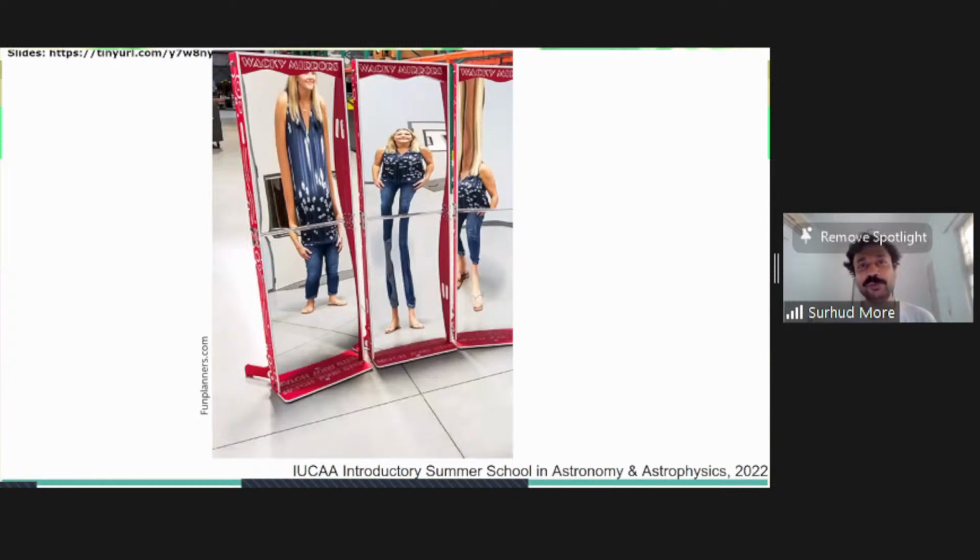I wanted to first of all show you this kind of picture, which you may be used to if you have gone to a house of mirrors, where you have these mirrors which have different types of curvature, and if you look at them, you see funny pictures of yourself. In this particular case, you are seeing three images of the same lady, and then you can see different distortions. In one of the images, her legs are quite big, and so on.